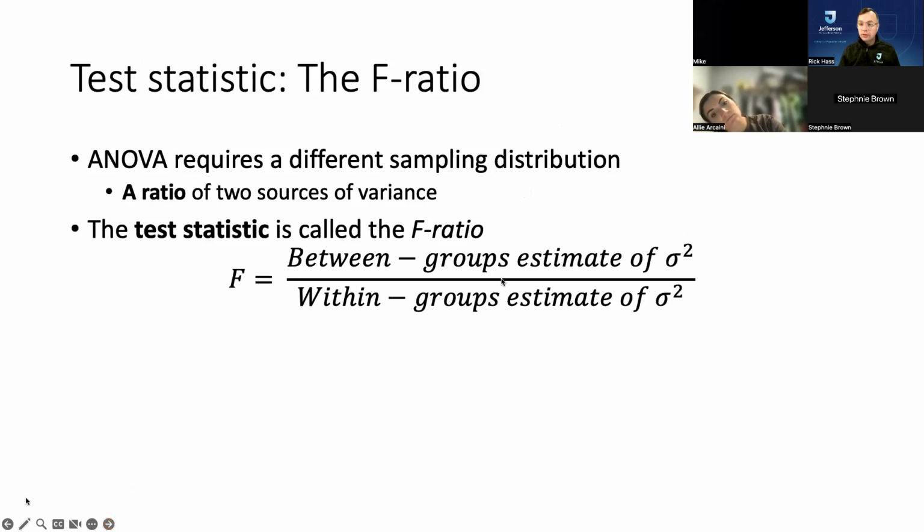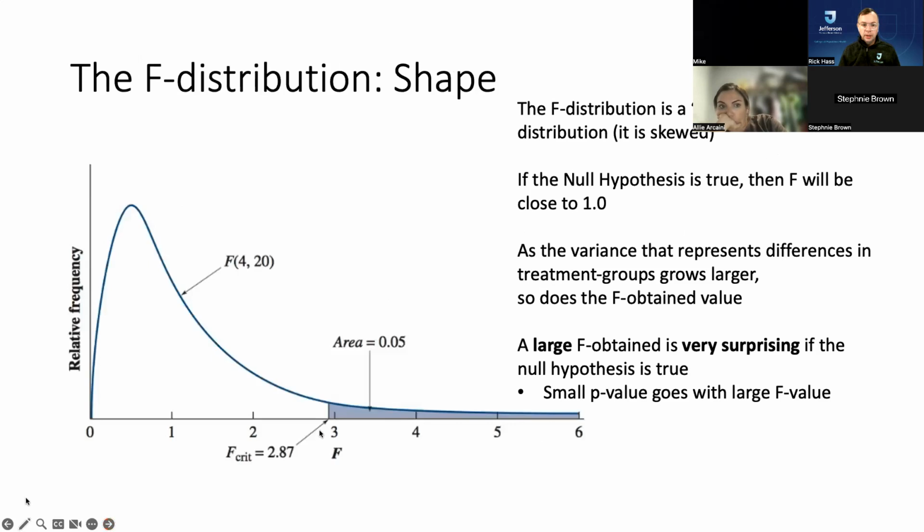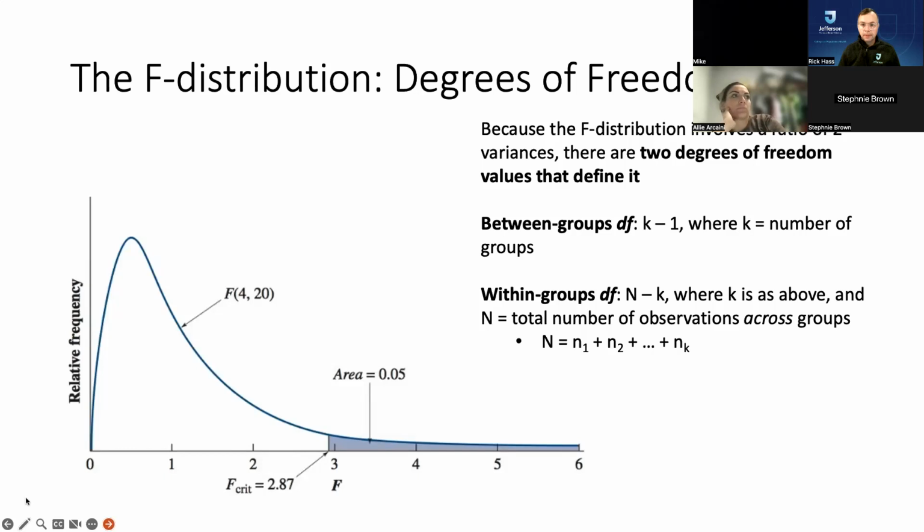That constructs our F ratio, which is a single number. We test that number against a cutoff, or we compute the p-value, the area beyond it, and compare that to 0.05. And the final thing that we always need to report are the degrees of freedom of the F test.